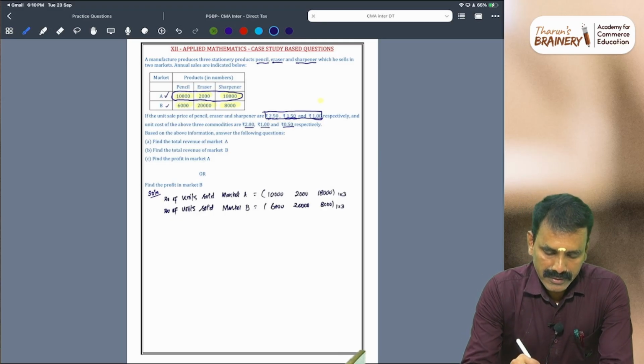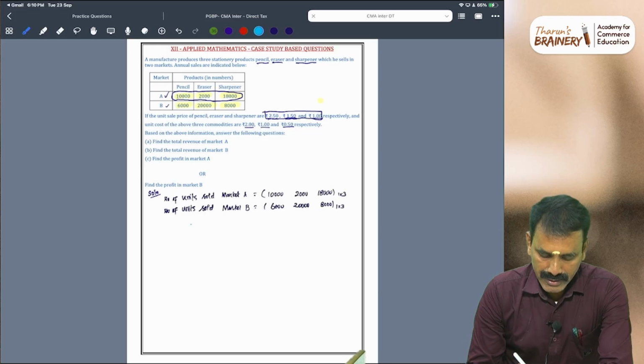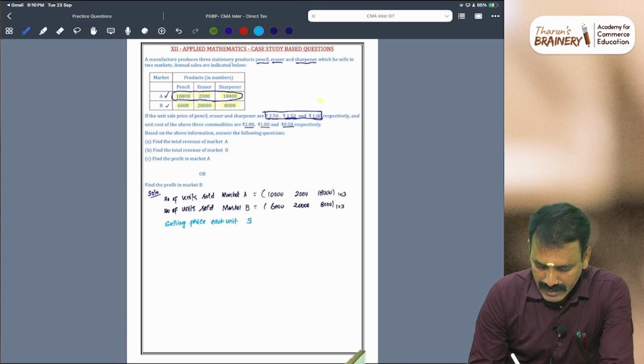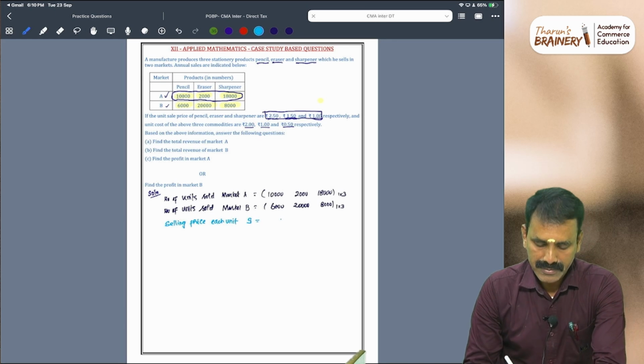Now, I am going to write the selling price of each unit of the product. We write this as matrix S, selling price.